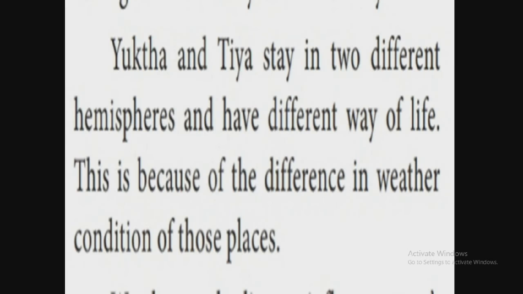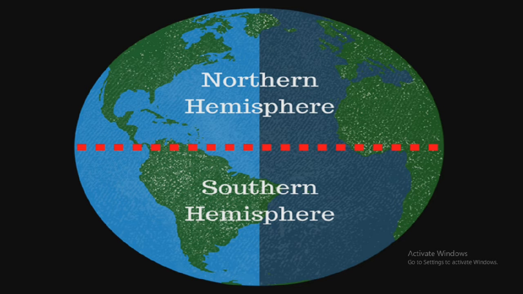This is because of the difference in weather conditions of those places. We'll see what it is. See, this is a small picture example which represents the northern hemisphere and southern hemisphere. These are the two hemispheres which divide the earth.